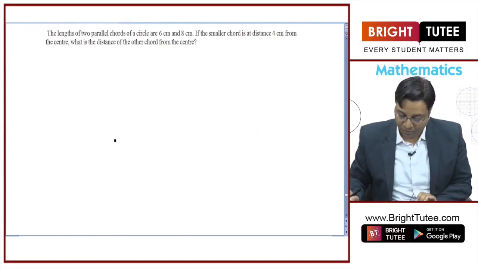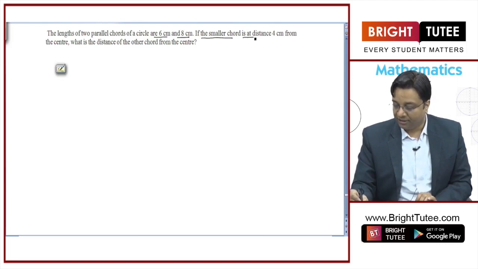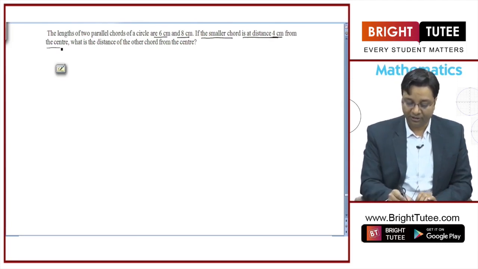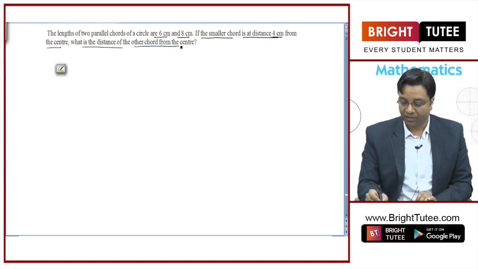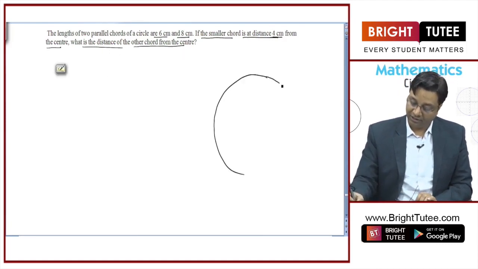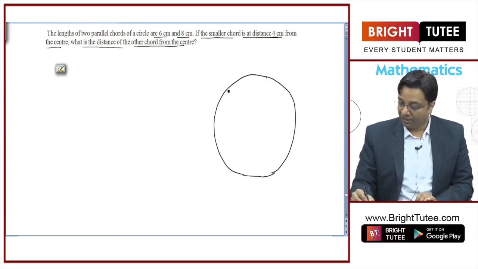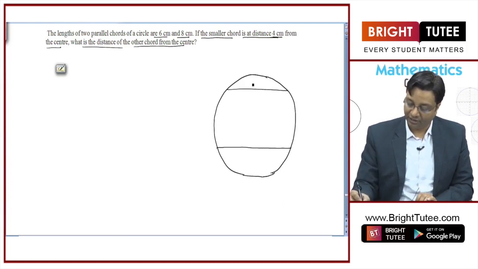If the lengths of two parallel chords of a circle are 6 centimeter and 8 centimeter, and the smaller chord is at a distance of 4 centimeter from the center, what is the distance of the other chord from the center? This question is very simple if you have been listening to my lectures carefully. We have two parallel chords, one of 6 centimeter and the second of 8 centimeter length.